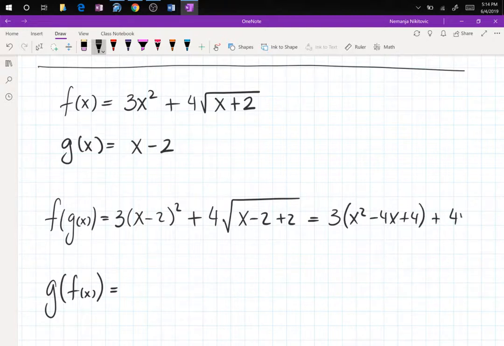plus 4 square root of x. And then 3x squared minus 12x plus 12 plus 4 root x. All right.